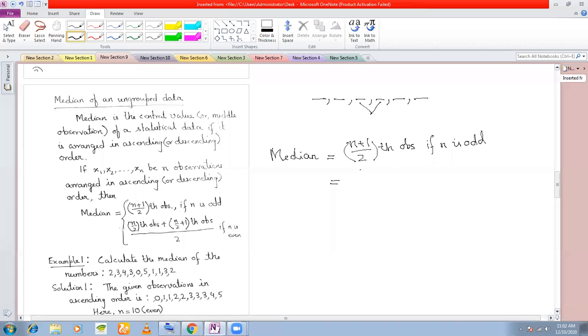So if the number of observations is even, then it will be the n by 2th observation plus the n by 2 plus 1th observation, whole divided by 2, if n is even. So this is the formula for your median. Now it depends which one to use, whether n is even or n is odd.